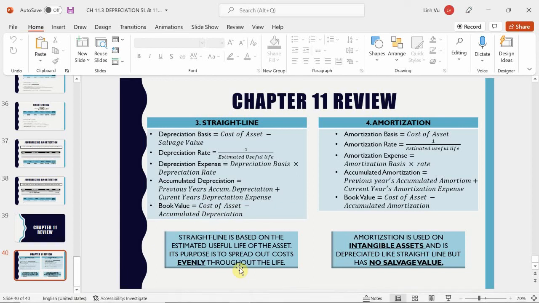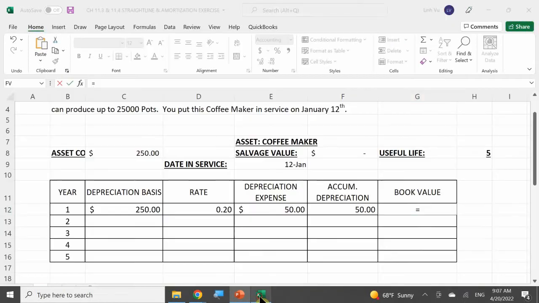Book value is cost of asset minus accumulated depreciation.